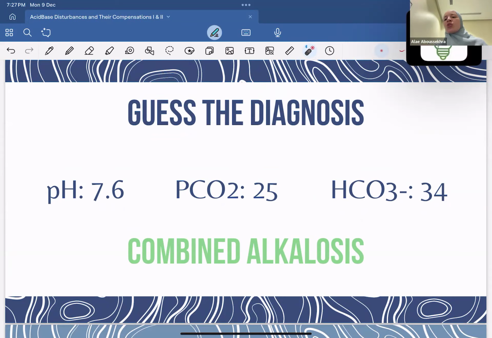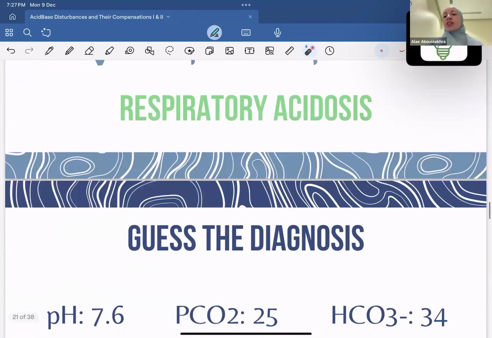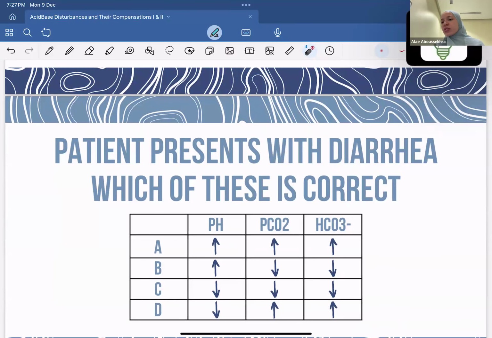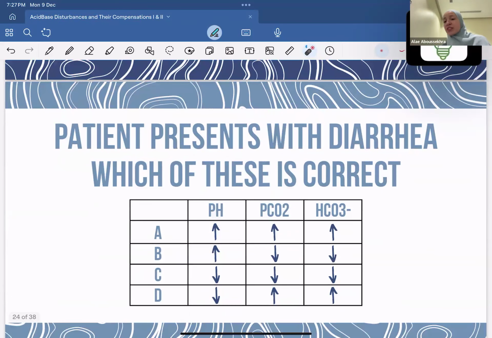Okay, so for the third one, I tried to give you all the options that she could ask you about. Like she could give you the arrows, she could give you numbers, she could also give you this where she gives you a diagnosis and you have to know. So for this one, we have a patient that presents with diarrhea. Which of these is correct?